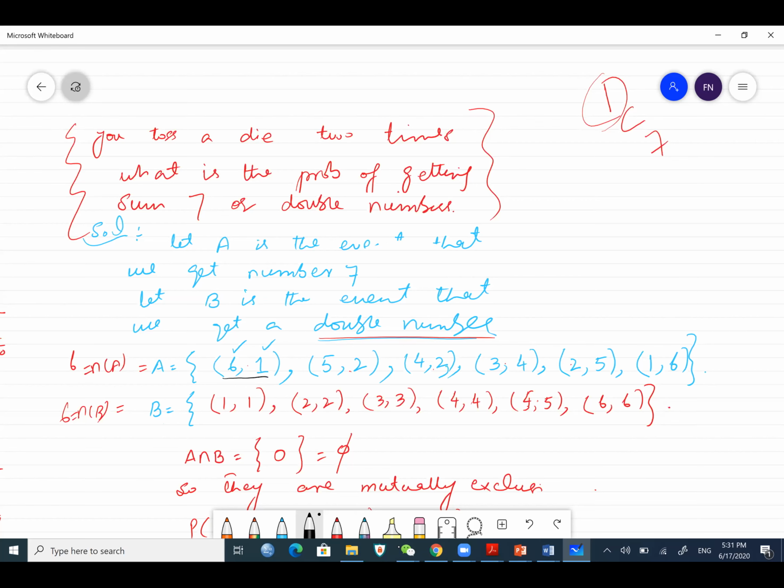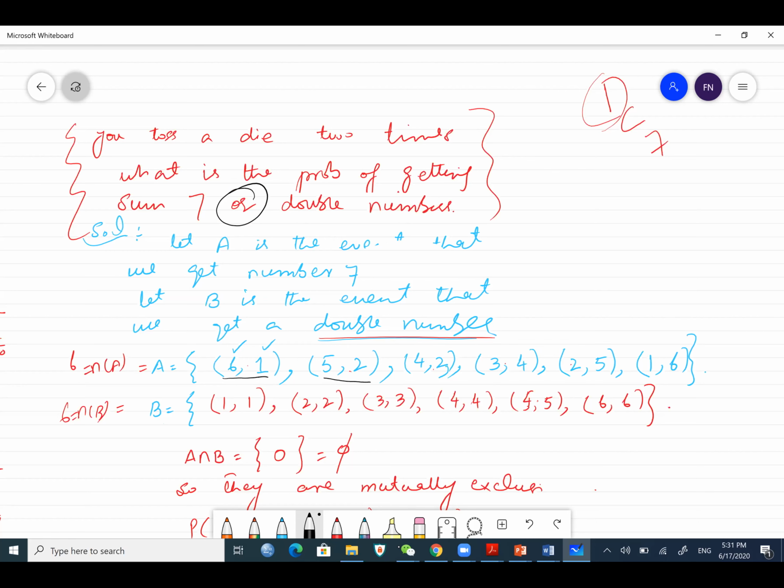Then the second option could be 5 on the first and 2 on the second. That is the second possibility to get sum equals to 7 on the numbers which appear on top. Is that clear? So we list down all the possibilities which give us sum equals to 7, and then it says or double number. When you roll a pair of dice, you should get a double number. How can you get a double number? If you get 1 on the first and 1 on the second die. Okay, I understand now.